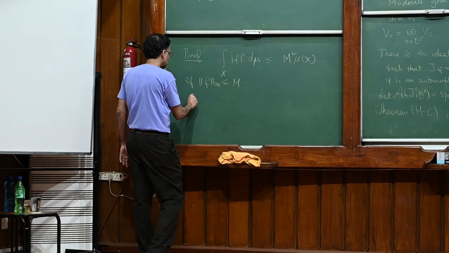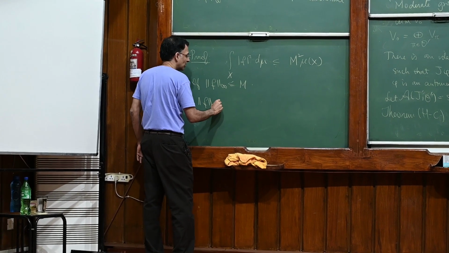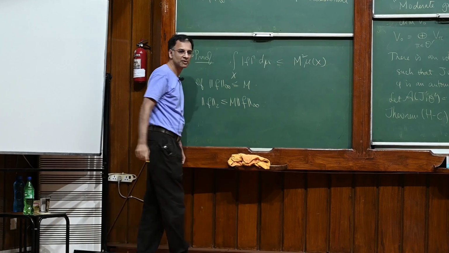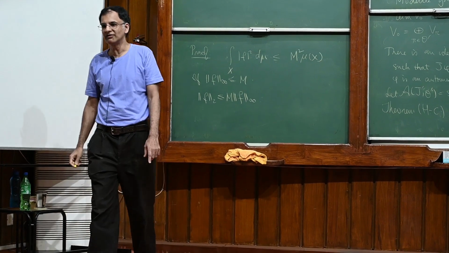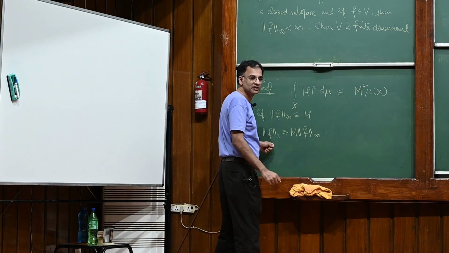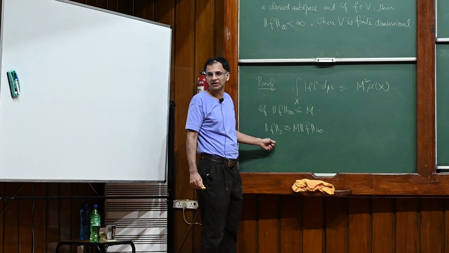So this shows you that the L2 norm is bounded by the sup norm. It also says that if f_n goes to f in the sup norm, it automatically goes to f in the L2 norm.